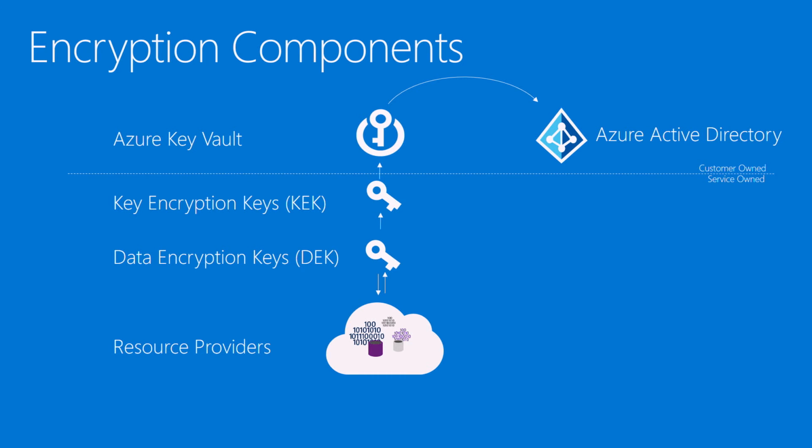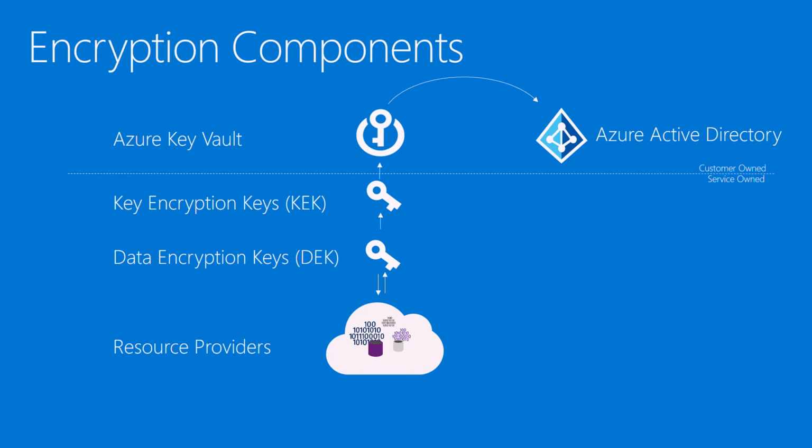Then we have what we call the key hierarchy. Again, pretty standard key hierarchy, where we have what's called a data encryption key. That's usually going to be a symmetric key that's actually being used to encrypt and decrypt the data. And then we have a set of one or more key encryption keys that wrap those keys and eventually store them somewhere.